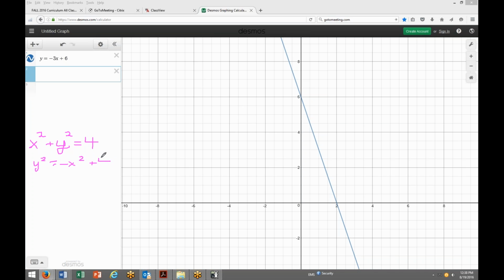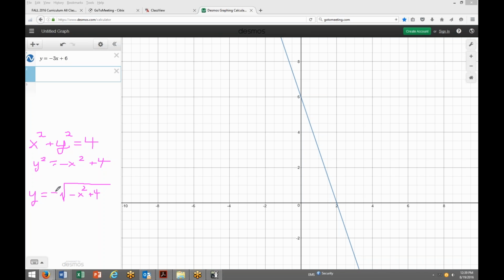And now to solve for y by itself, you take the square root of both sides, but if you recall, to take the square root of both sides, it introduces two possibilities. Y can be either the positive square root of negative x squared plus 4, or it could be the negative square root of negative x squared plus 4.